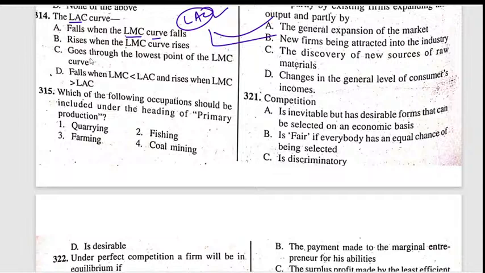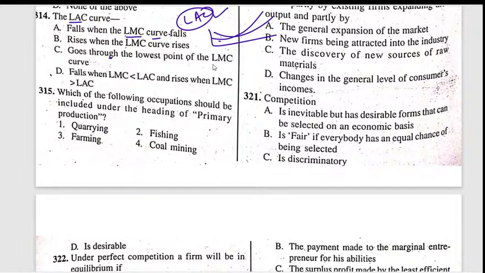When marginal cost is above average cost, average cost will be going up. So the LAC curve rises when the marginal cost curve rises, and falls when marginal cost falls, obviously.